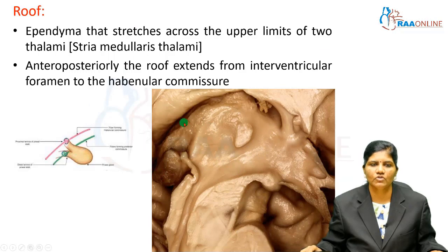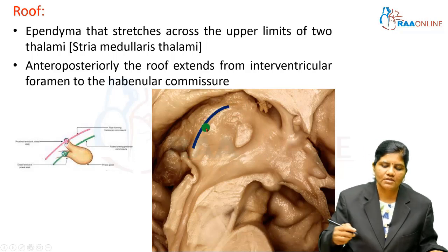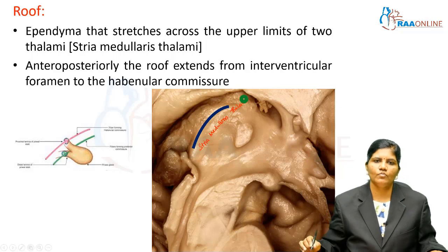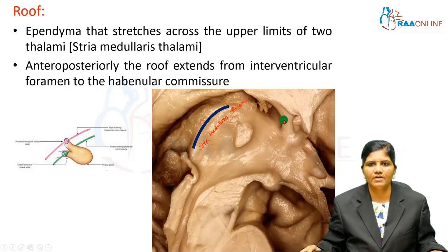Let's see the roof. The roof of the third ventricle is mainly formed by the ependyma that stretches across the upper limit of the thalamus. So this is the thalamus. The ependyma stretches across the thalamus, which is known as the stria medullaris thalami. Anteroposteriorly, the roof extends from the interventricular foramen to the habenular commissure.